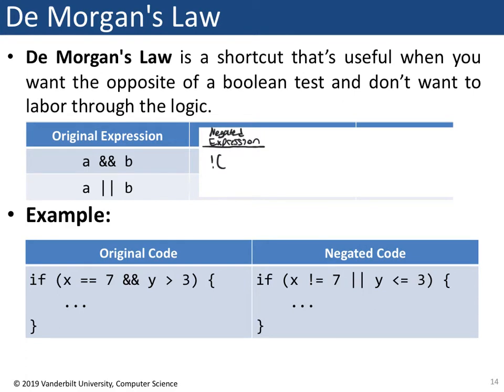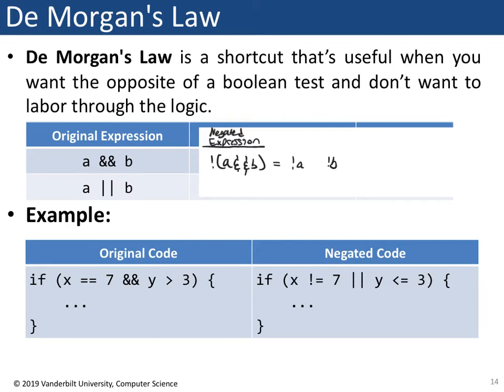So not (A and B). De Morgan's theorem says that in the situation where we have not the quantity A and B, we can distribute the not. So not A, not B. So we've distributed the not instead of having it apply to the quantity.